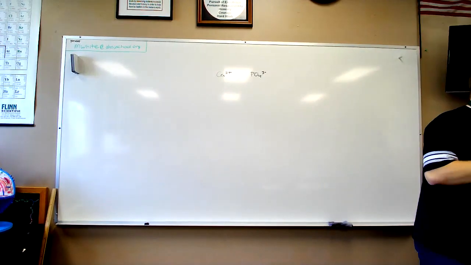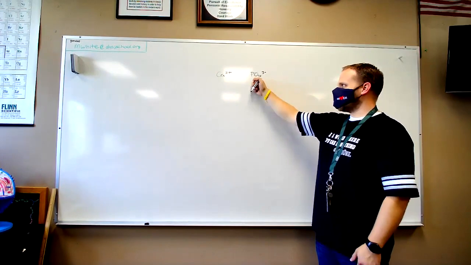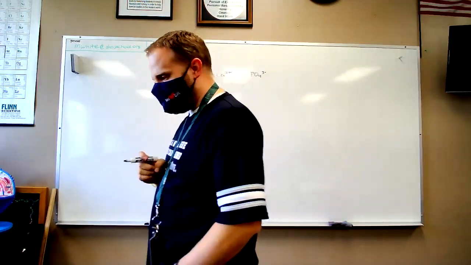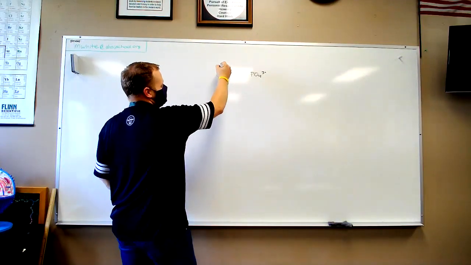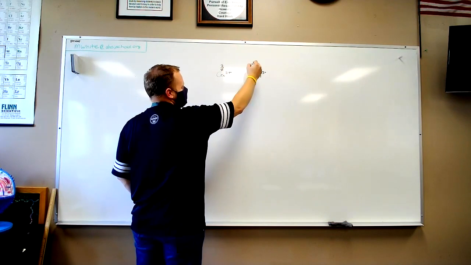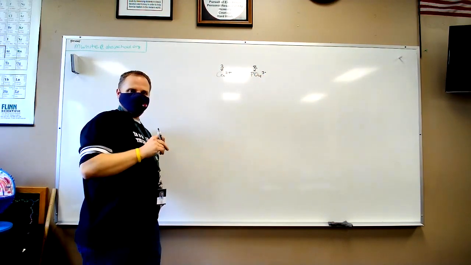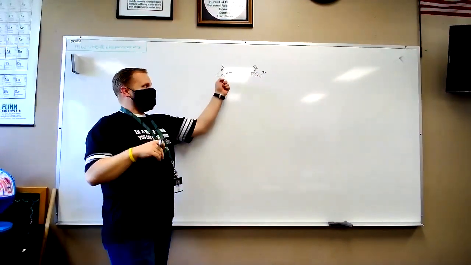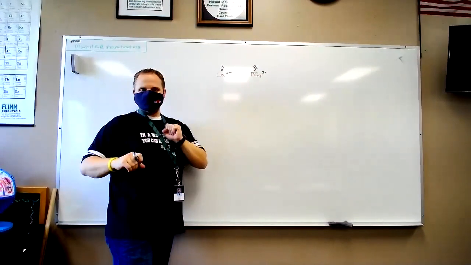Remember, this is going to work just like if this were a single atom. So we need to get the ratio that's going to give a 0 charge. Well, we're going to need 3 of these and 2 of those. Does everyone see why? Yeah. So this is going to end up being 6 positive and 6 negative, so they cancel each other out.